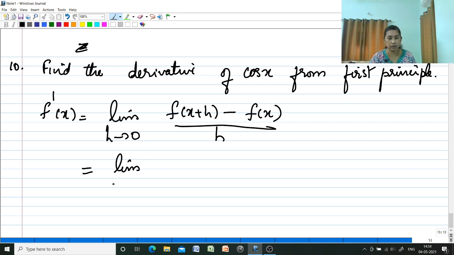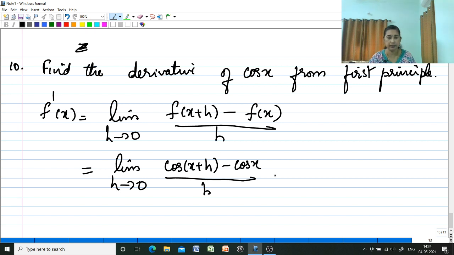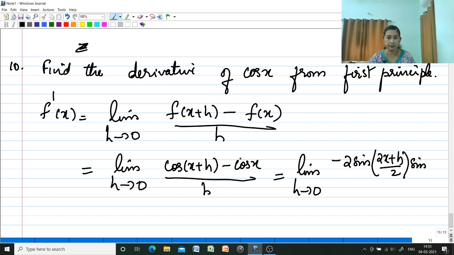limit h tends to 0 f of x plus h is cos of x plus h minus cos x by h. Now apply that identity, cos a minus cos b, and that is limit h tends to 0 minus 2 sin (a plus b) by 2, so x plus h plus x by 2, or that is (2x plus h) by 2, into sin (x plus h minus x) by 2, that is sin h by 2, whole divided by h.